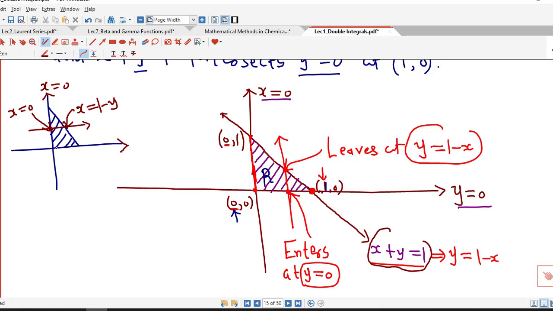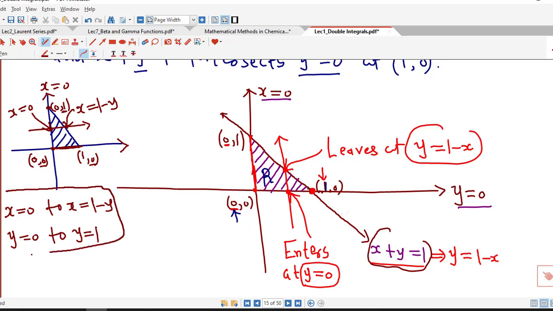And for the limits of y, we consider the lowermost and uppermost points. So at this point the value of y is 0, this point is 0, 0, this is 1, 0, and this point is 0, 1. So at the lowermost point the value of y is 0, and at the uppermost point the value of y is 1. So if we consider a horizontal line, then we integrate first with respect to x from 0 to 1 minus y, and then with respect to y from y equal to 0 to 1.